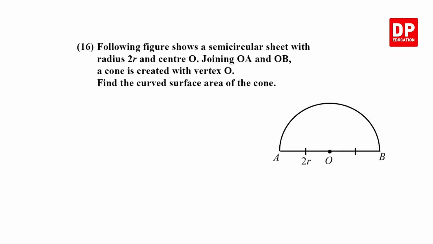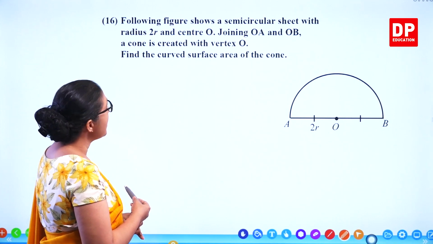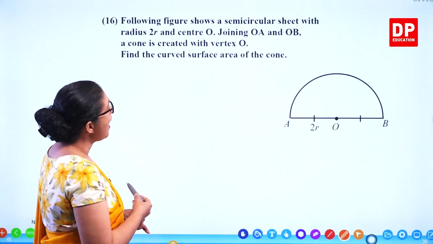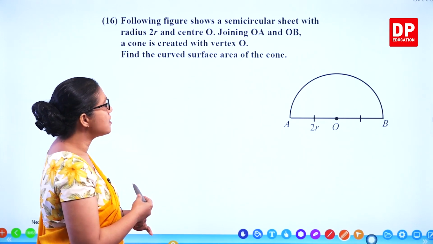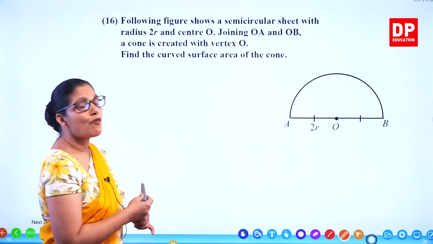Question number 16. The following figure shows a semicircular sheet with radius 2r and center O. Joining OA and OB, a cone is created with vertex O. Find the curved surface area of the cone.